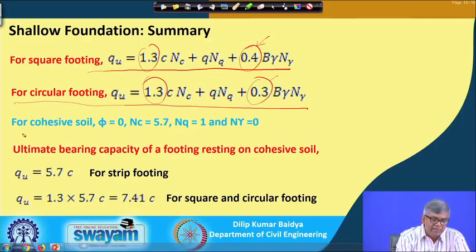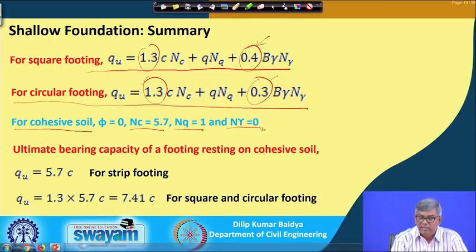Now, this equation can be modified for different conditions. If I consider a cohesive soil, that means phi equal to 0, then if you go to Terzaghi's table, NC is 5.7, NQ is 1 and N gamma is 0.